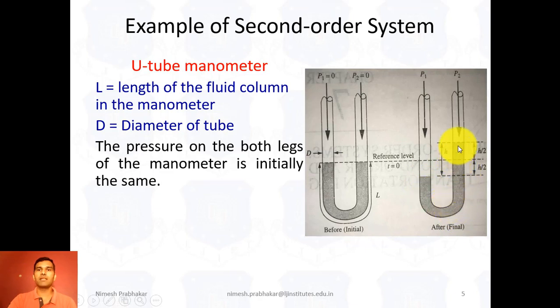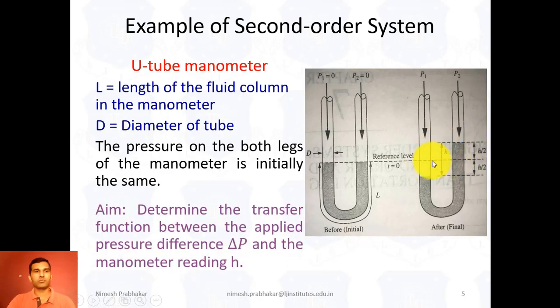So this is a change in height, this is H. This is the reference level at T equals 0 time, where both mercury levels are the same. But if we apply more pressure, the mercury level goes downward on the left hand side, and on the right hand side the level goes upward. And this H represents the change in the mercury level height. So H by 2, and this is the total H.